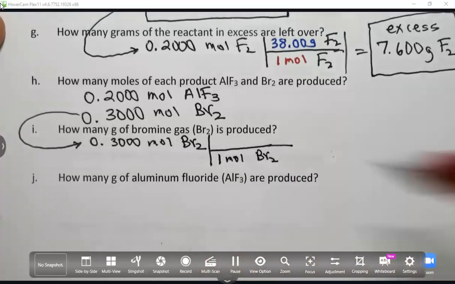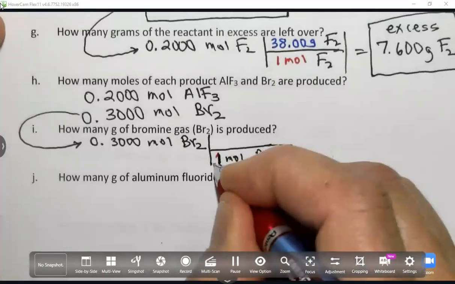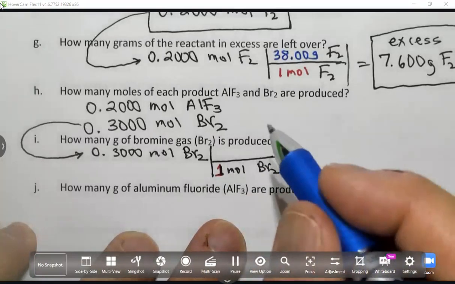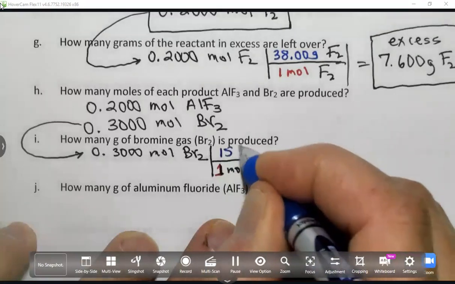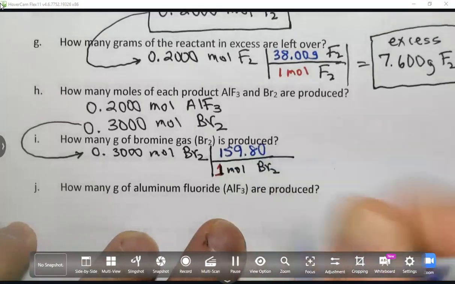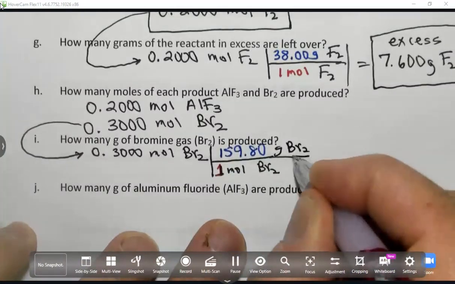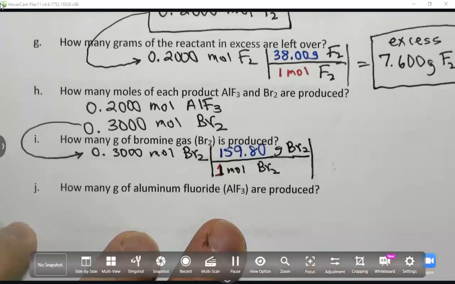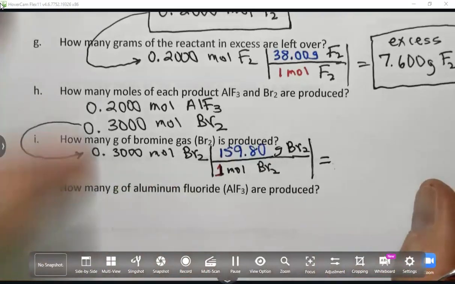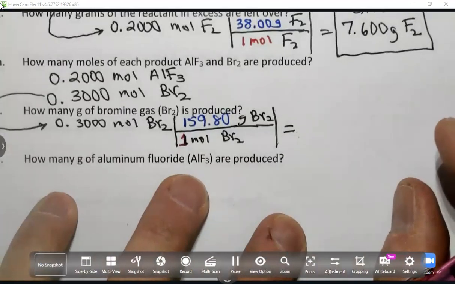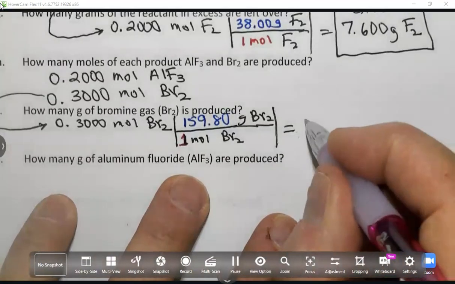Oh, I didn't put that in red. 79.9 times 2 is 159.8. So 0.3 to 4 sig figs is 47.94 grams.